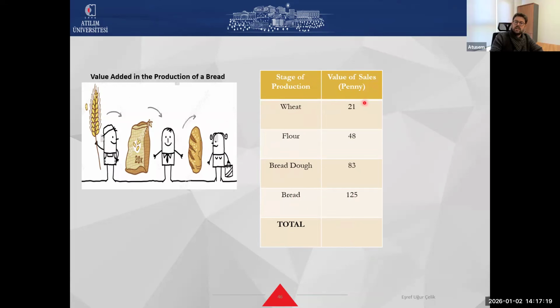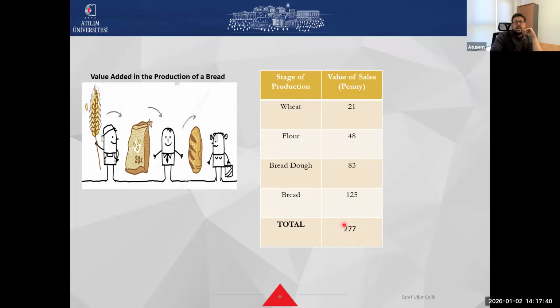What if we get the summation of the sales values of these goods? We find a number, 277, but that number cannot be included in GDP. Because I said we can only take the sales value of the bread.